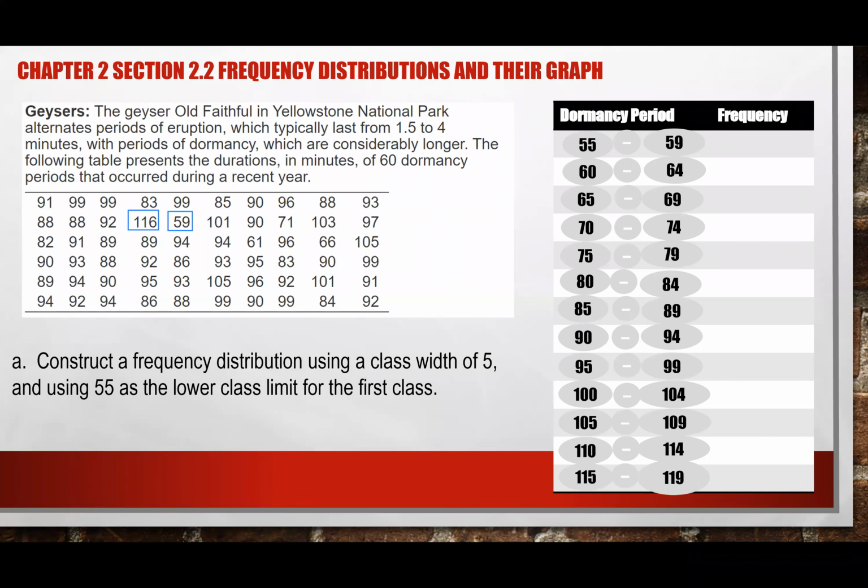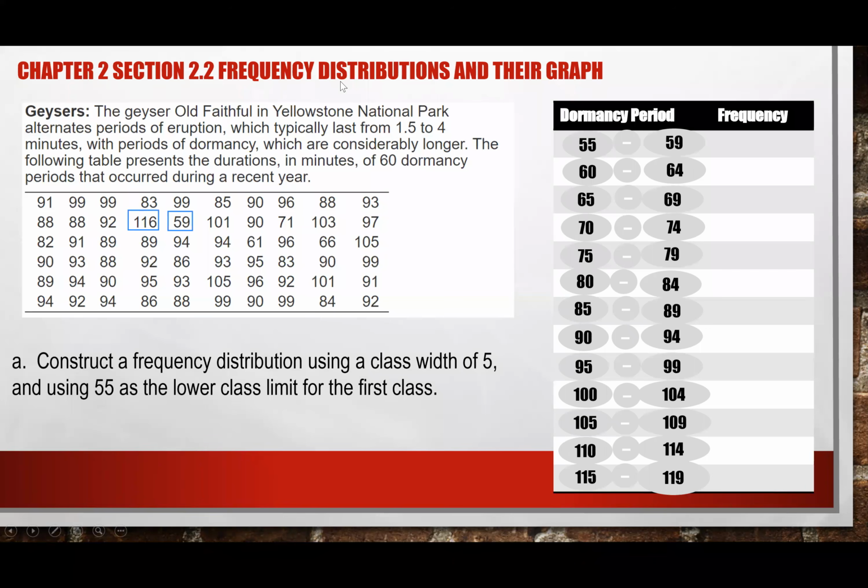If your data does not have a decimal, then the upper limit will not have any decimal. If your data has a decimal, like 96.2 or 103.5, then the upper limit will have a decimal, which will be 59.9, 64.9, 69.9, because we don't want a gap. So we go to the decimal place.